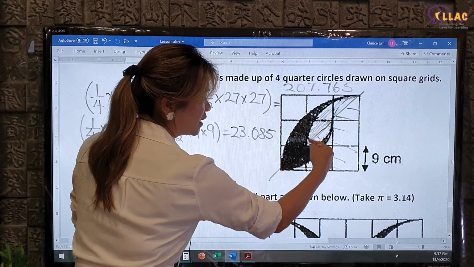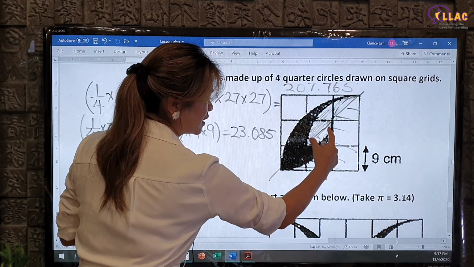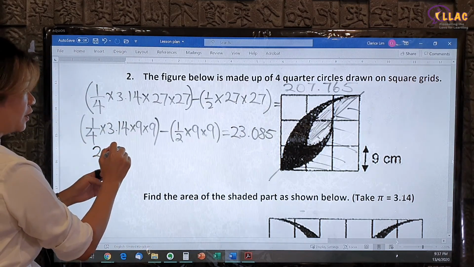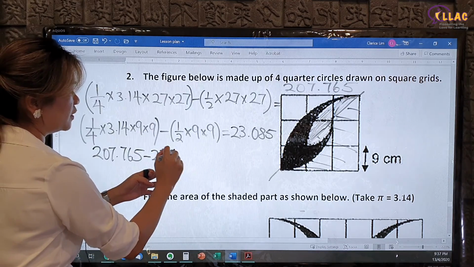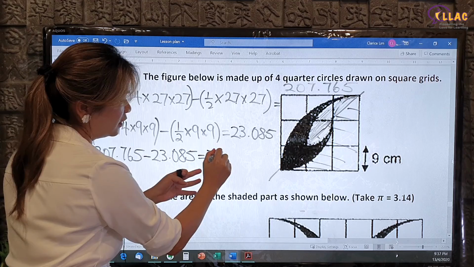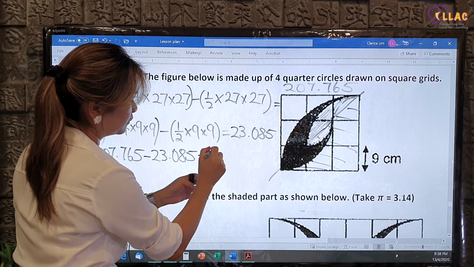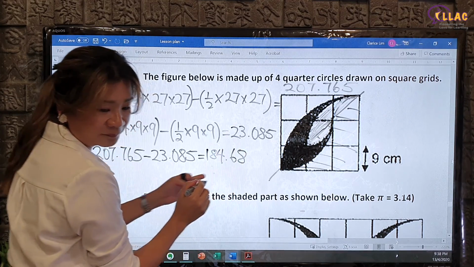Okay, so now we know what is this empty part. So all we need to do is take this half of the leaf, minus away this empty part, you get 1 claw. So it's 207.765 minus 23.085, and you get 184.68.